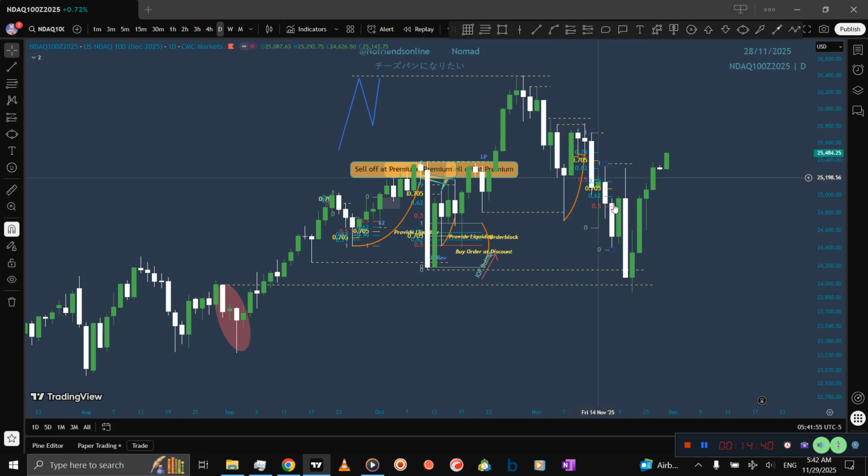price is going to go very deep and everything is just on fire and we lost everything. No, this is a strong bullish order block.